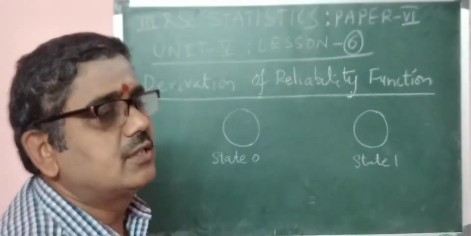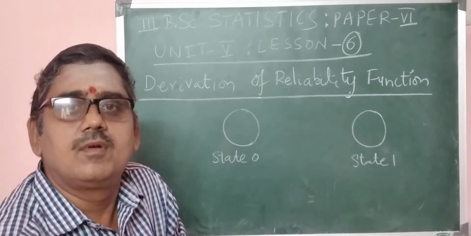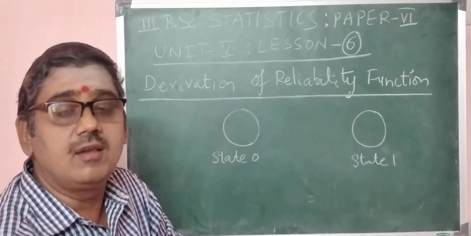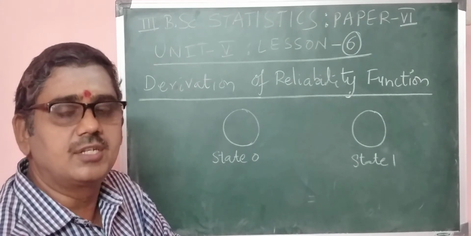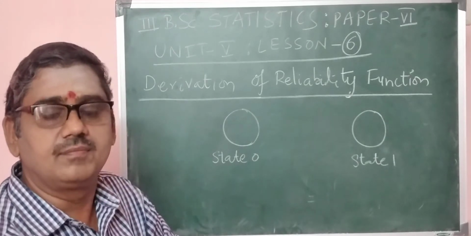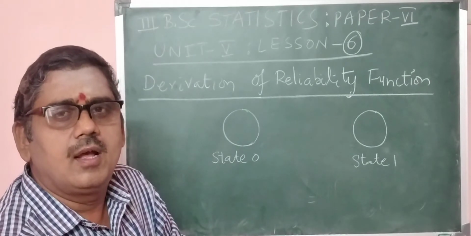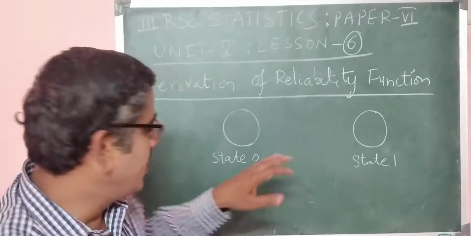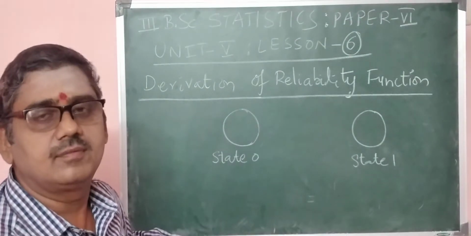State 0 indicates the item is survived. The component will not fail. That is, component is in good condition. Component means an item. An item is in good condition. That is state 0. It is still working.